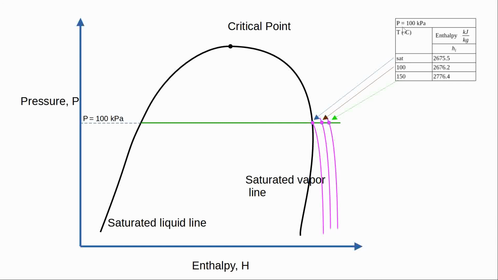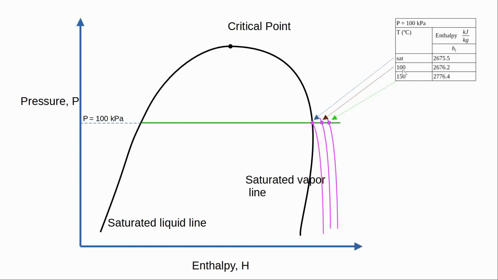So let's take an example at 100 kPa pressure, at the saturated temperature, the enthalpy at this point is 2675.5. So the first entry, that is SAT, will give you the enthalpy of the saturated vapor.